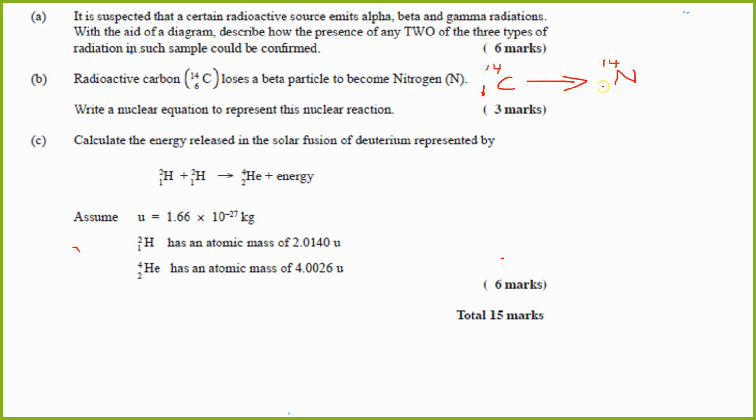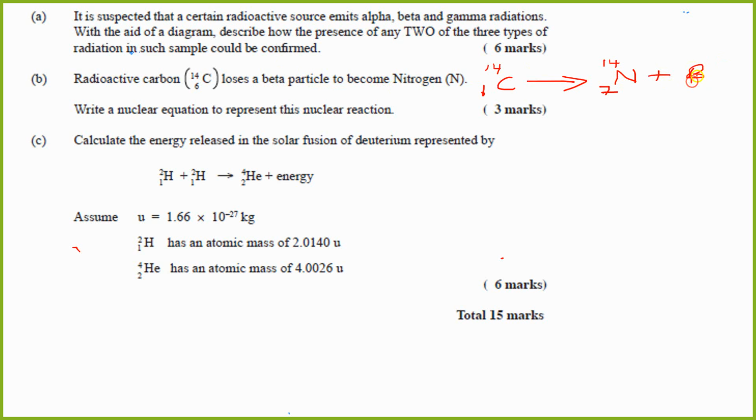The proton number is 7. Now with any type of equation, it has to be balanced. To balance the equation, it tells us that it loses a beta particle, which essentially is an electron.